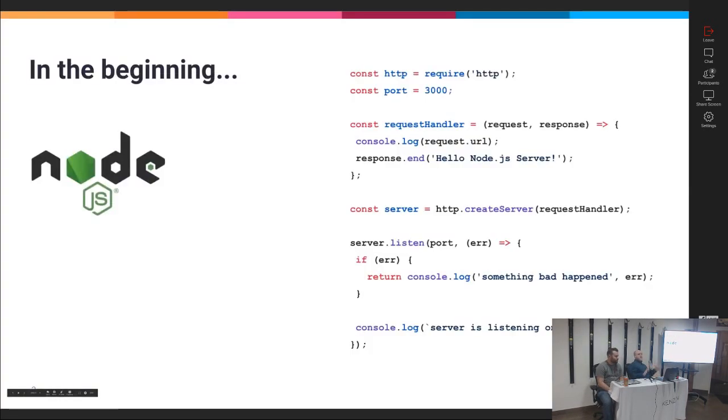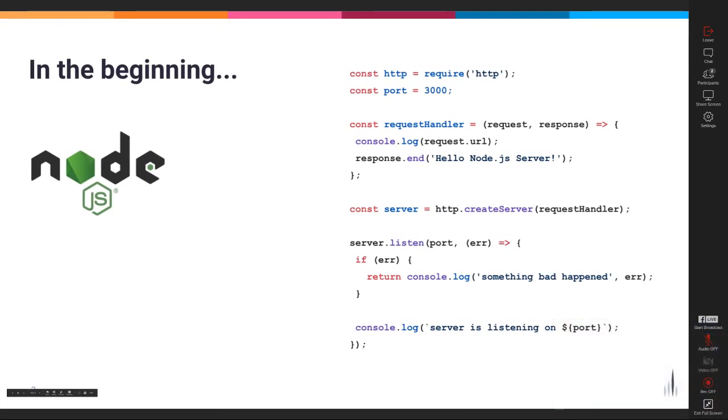In case you're unfamiliar, Node was released way back in 2009. Basically it's JavaScript on the server, just to make network applications. Single-threaded. It's an event-driven model to handle asynchronous code, which just means that it's fast.